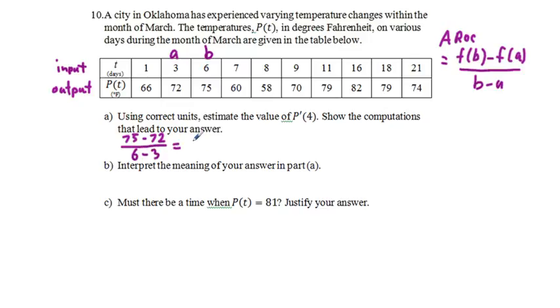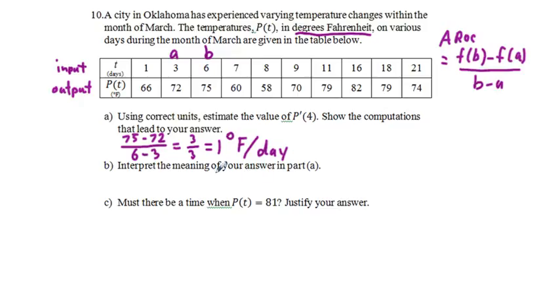And what we have here is we have 3 over 3, which equals 1. And it says use correct units. Well, we have degrees Fahrenheit would be our units, and then time is our days. So we would have 1 degree Fahrenheit per day. So that would be the answer given in correct units.